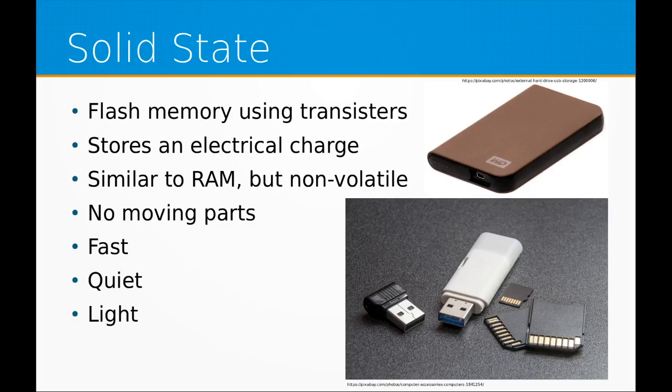It just says, give me the data at this location, and then it can just grab it and return it. It doesn't need to spin a disk to get to the right place. And because there's no spinning disk, it's really quiet, and you don't require clunky mechanisms, motors and things like that. So it really has a lot of advantages.